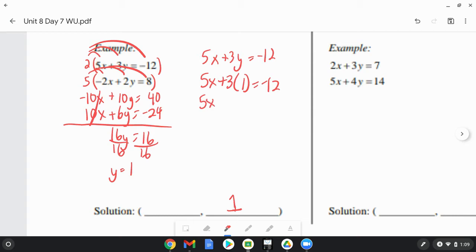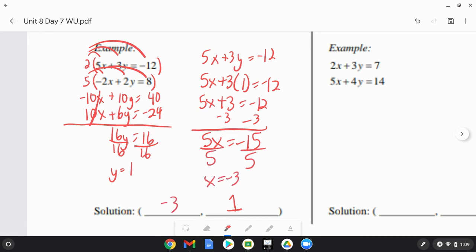So now that's 5x plus 3 equals -12. We subtract the 3, and we get 5x is equal to -15. So we would divide by 5 in order to get x by itself, and we get x equals -3. So that would be my final answer, -3, 1. That would be for the first one.